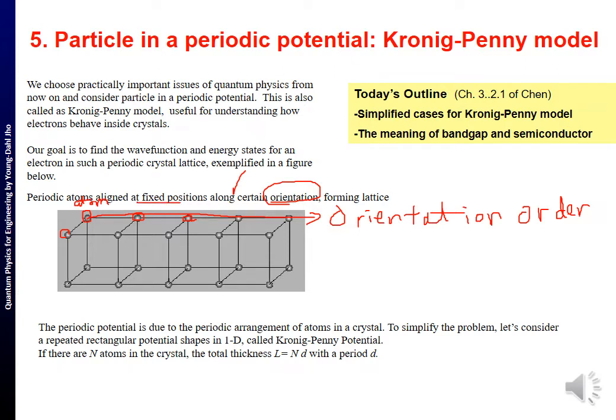It is fixed at certain positions, and their distance is always equal, like a fixed value of d. So in this case, we can say that the lattice has position order.